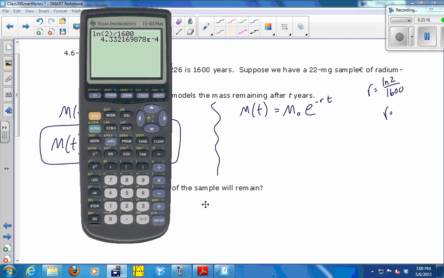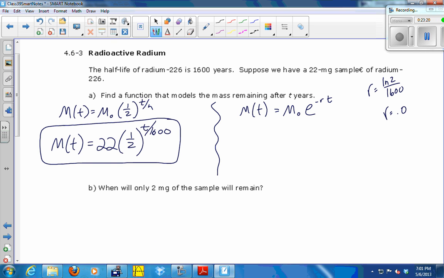So I get 0.000433, approximately. So then I can just plug that in. M of t equals 22 e to the negative 0.000433 t.